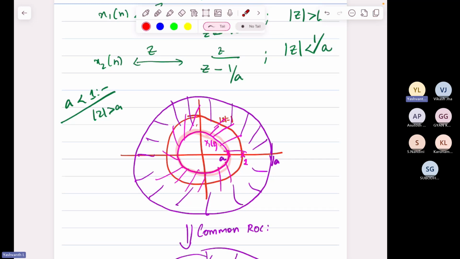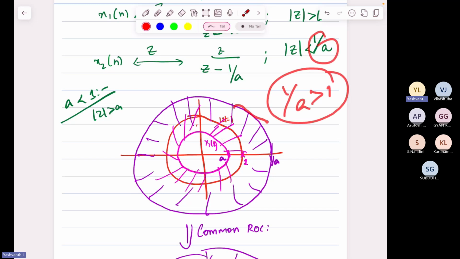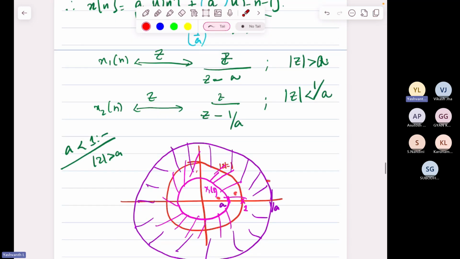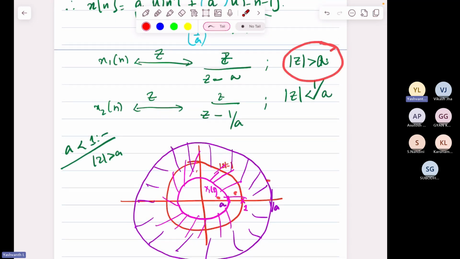If a is less than 1, 1 by a will be greater than 1, so the circle with radius 1 by a will come outside the unit circle. So these are the three circles. Now z is greater than a means everything outside these pink color lines is the ROC for the first signal x1 of n.